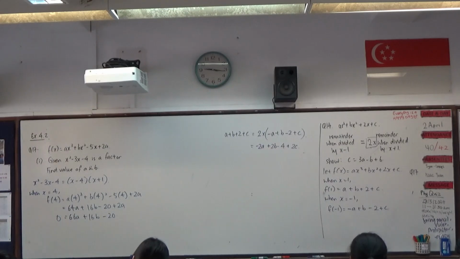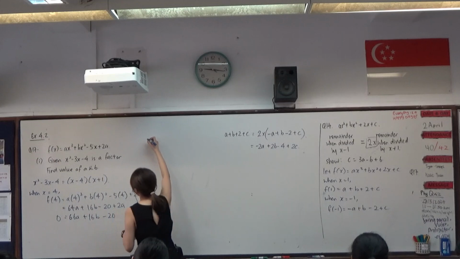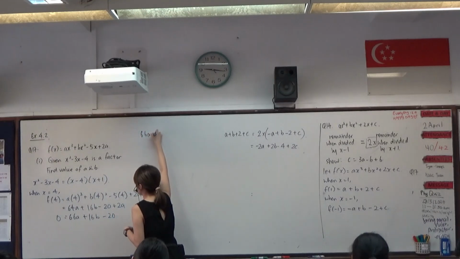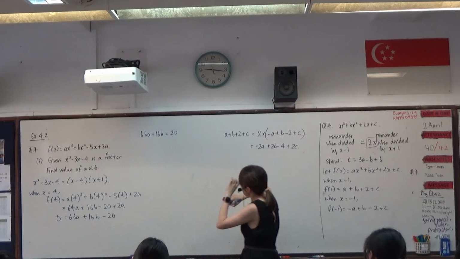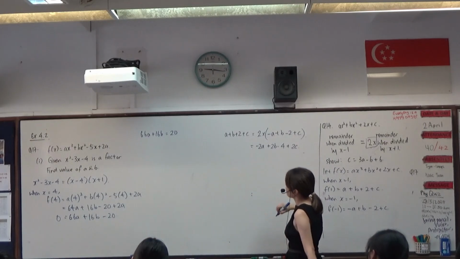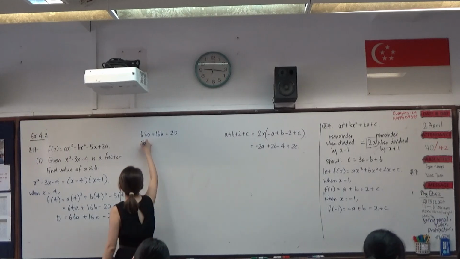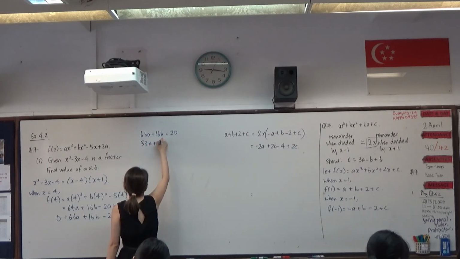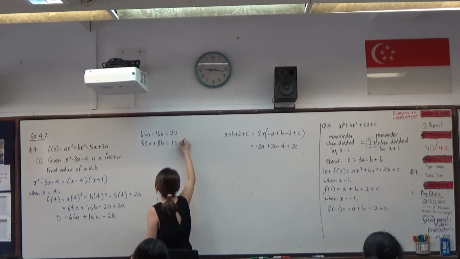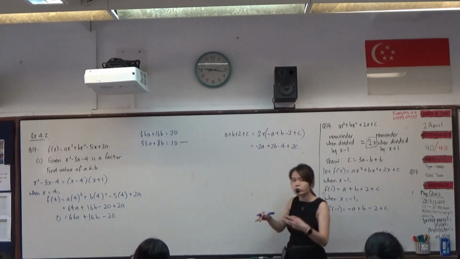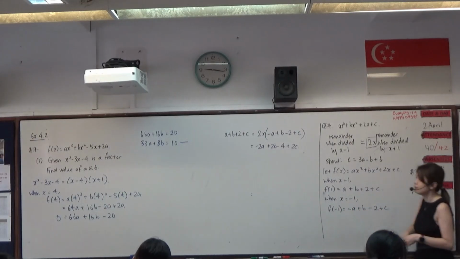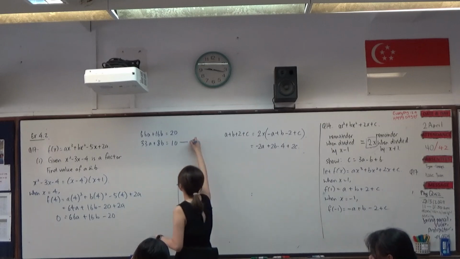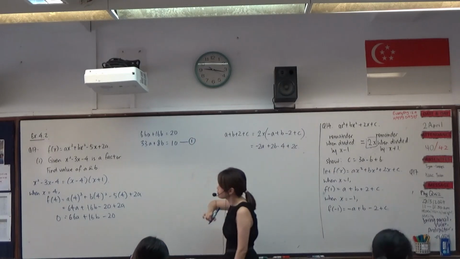In other words, to simplify this, 66a plus 16b is equal to 20. I believe it can all be divided by 2, so I'll get 33a plus 8b equals 10. Always try to simplify your equations to make it more manageable to solve rather than having to deal with large numbers.